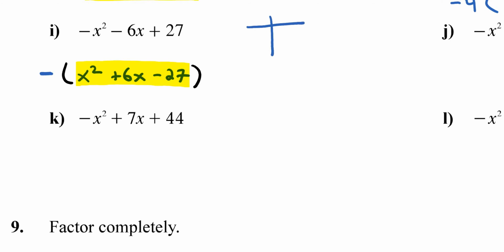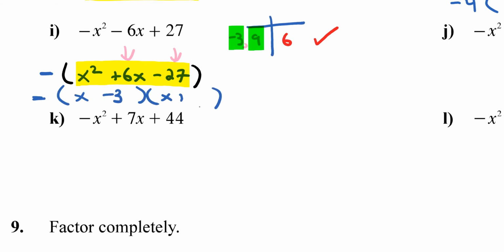Let's use a t-table here. I need two numbers that multiply to -27 and combine to positive 6. So I'm probably thinking like -3 and 9. -3 plus 9 gives me the positive 6, so that works. So -3 and 9 are my numbers. So the negative sign on the outside, 2 sets of brackets, and then x minus 3 and x plus 9.